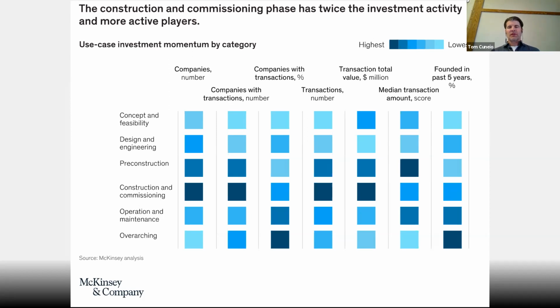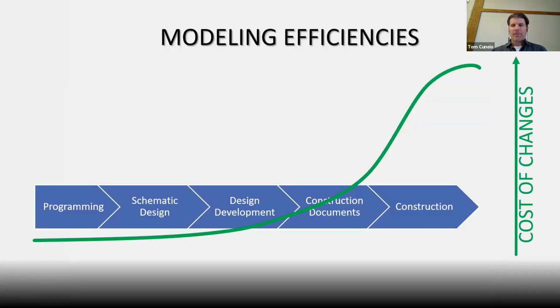Okay, so this is the current world of BIM and how it's being applied. Very little focus on design and engineering, or much less, and even less on concept, very early design processes. And this is happening for obvious reasons. If we look again at this construction process from programming through schematics and on into construction, the cost of making changes goes up dramatically as we move along the timeline.